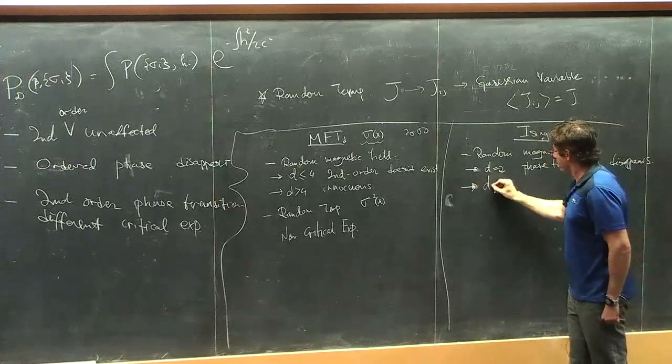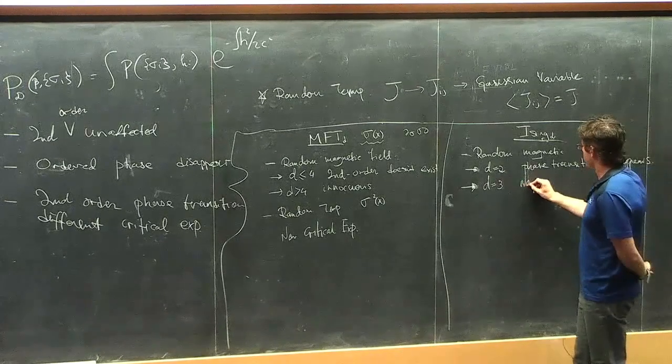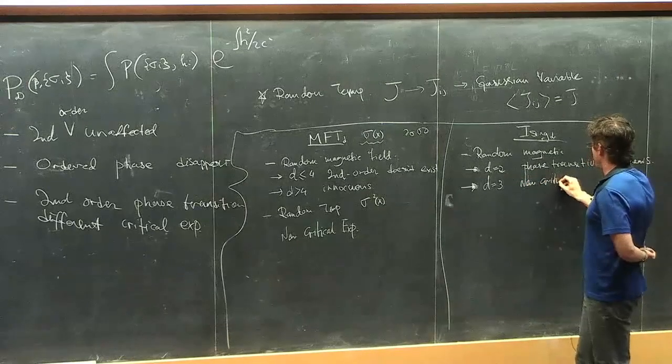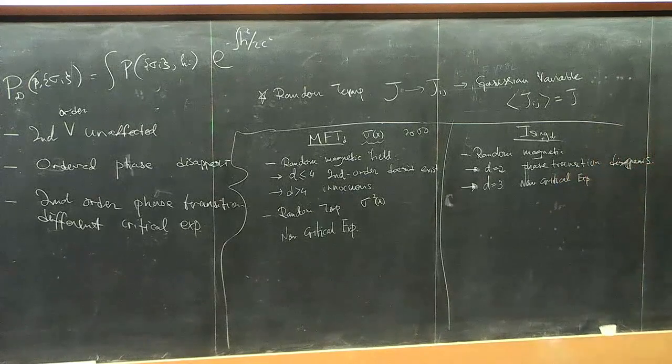Now, what about d equals 3? This is more interesting, and here much less is known. I mean, the properties of the ordered phase are not well known. I think most people believe that there are new critical exponents, and there's still a phase transition. And in fact, you could say that this has been proven, but the properties of these new critical exponents and the properties of the ordered phase are mysterious.